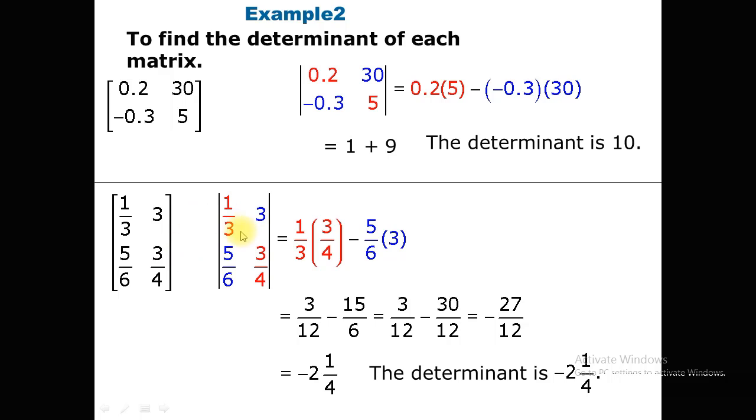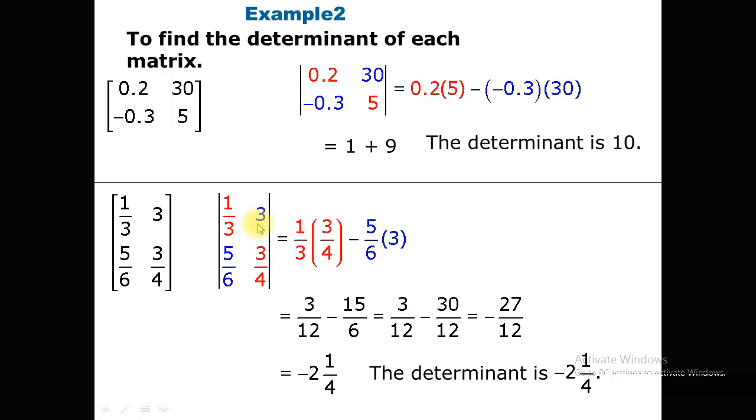And this is another matrix which has the elements 1 by 3, 3, 5 by 6 and 3 by 4. This is a 2 by 2 matrix. Now again apply the similar process for the determinant. First of all, multiply these diagonal entries, so 1 over 3 multiplied by 3 by 4, and then multiply the other diagonal entries.